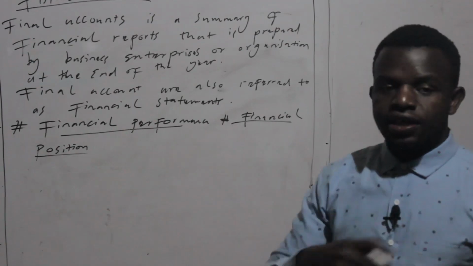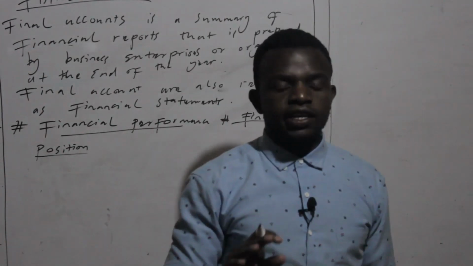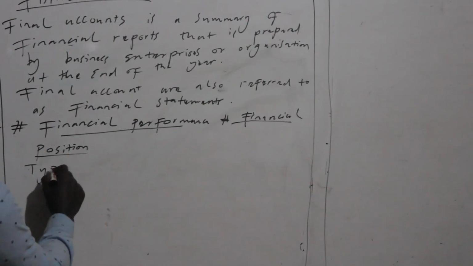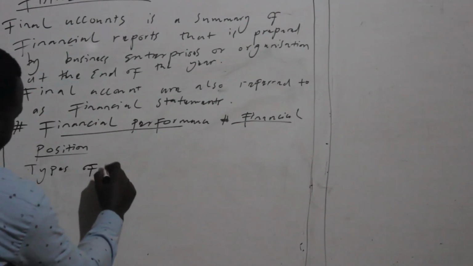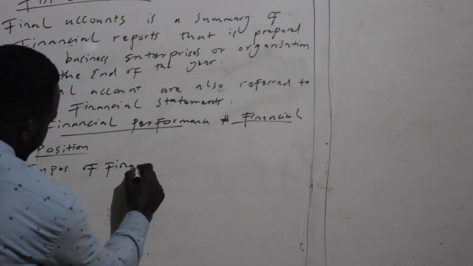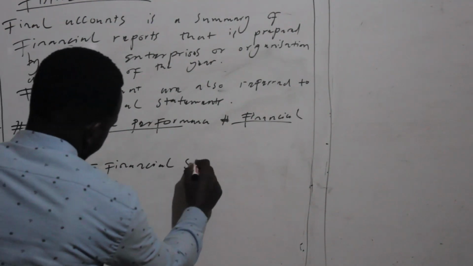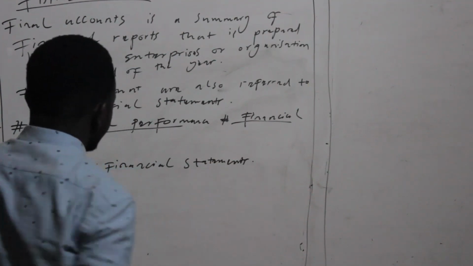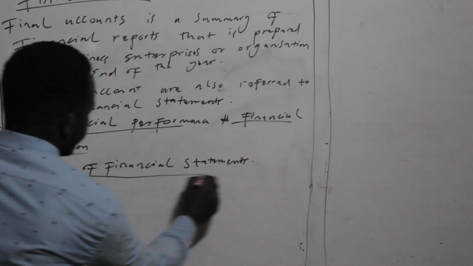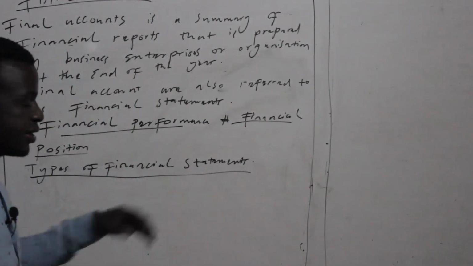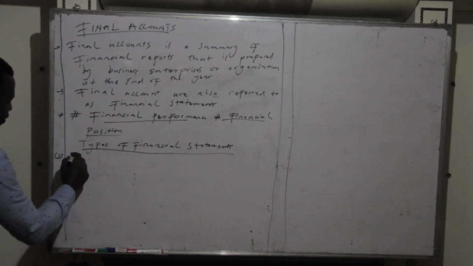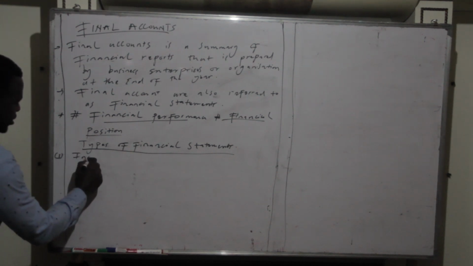So let us look at the types of financial statements. We have three types. The first one, we have the income statement.